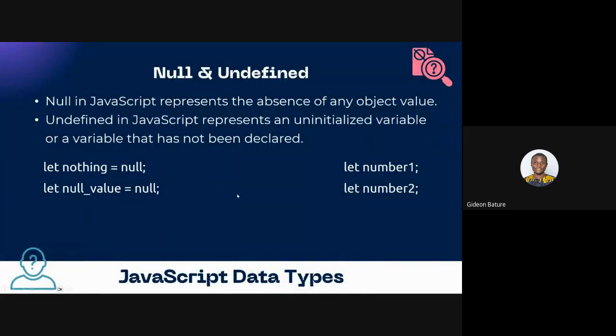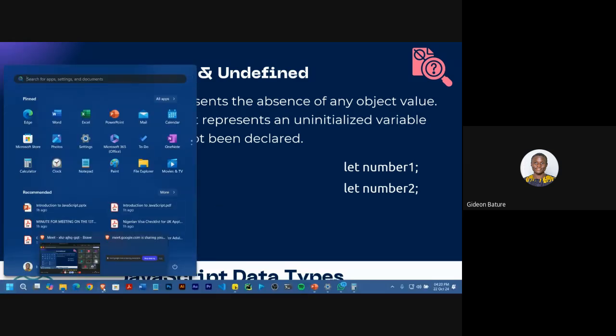Now, why is the other one undefined? If you remember, we were talking about declaration and initialization, where you declare a variable and you initialize a variable. Now we can decide to declare a variable, say I want to use a variable called score or count, but I don't want to use it yet.